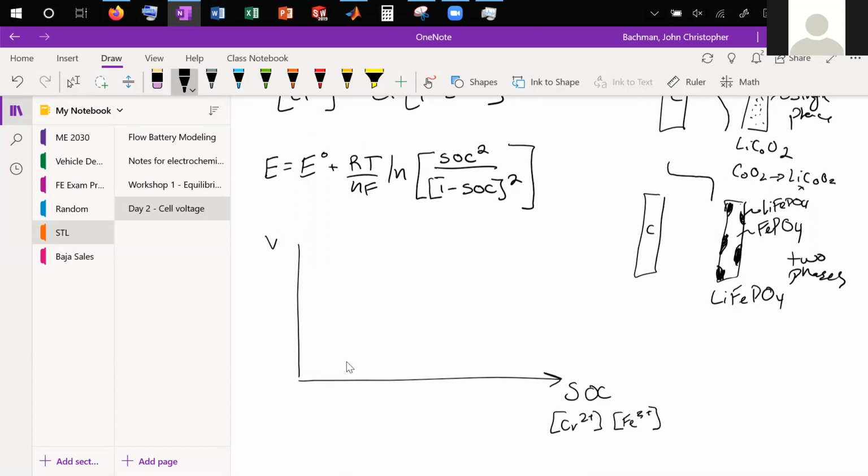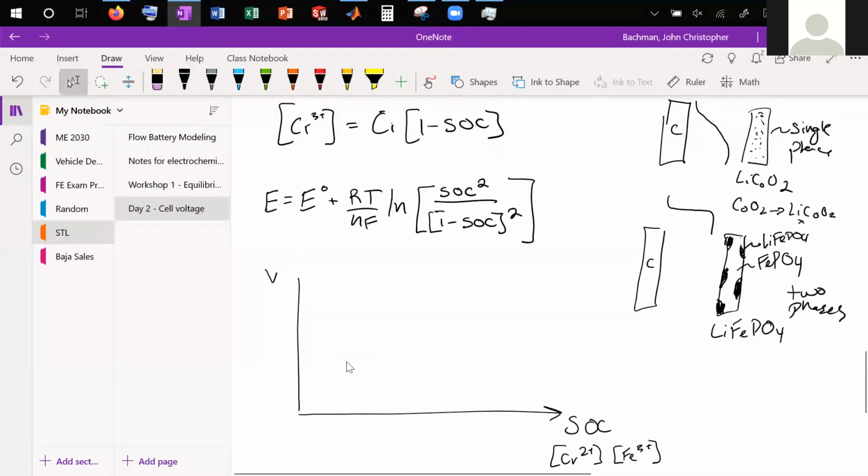So we could also just plot it as a function of those. And yeah, so that looked like this.